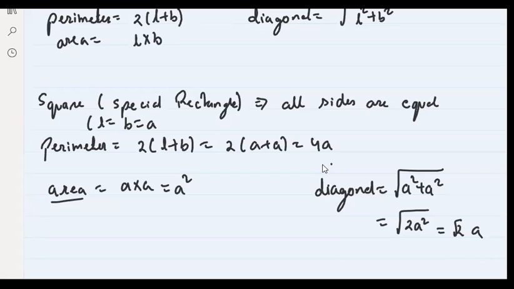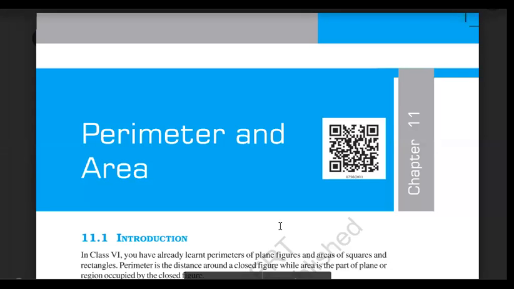Root of A square plus A square. Now A square plus A square is 2A square. So A square will come out of the square root, right? It is root 2. Agree everyone? Yes or no? Okay.